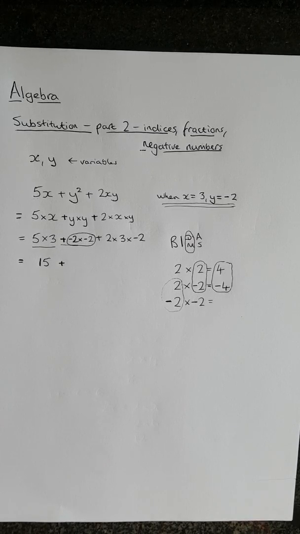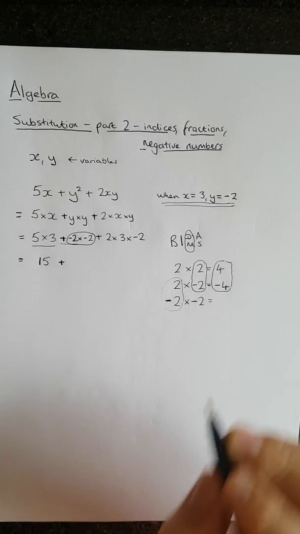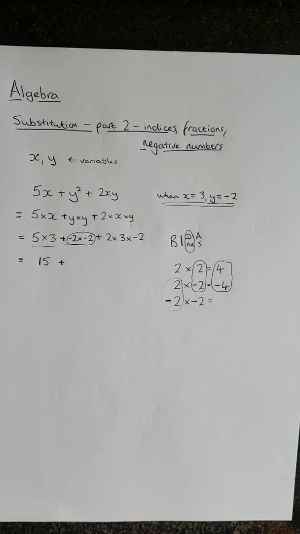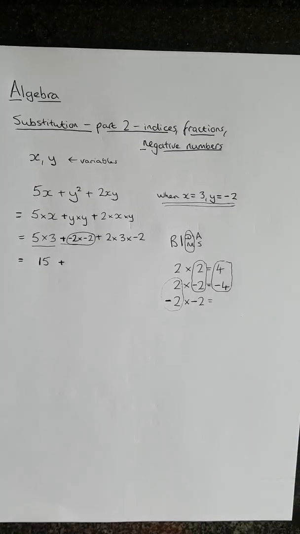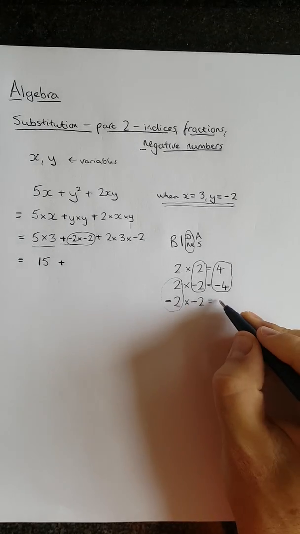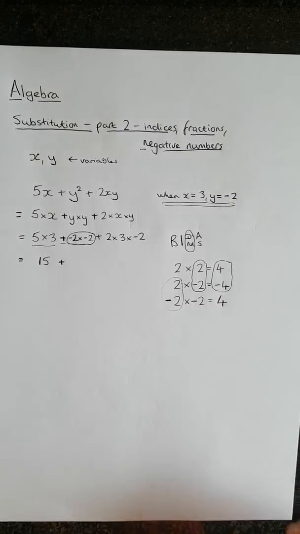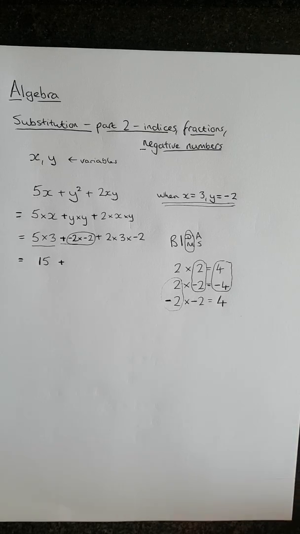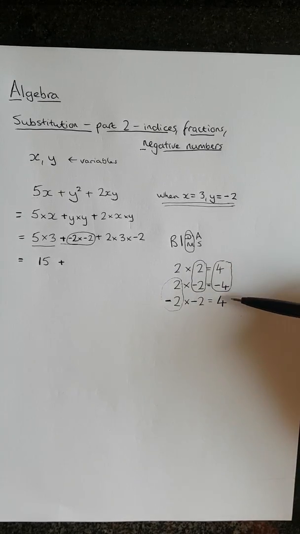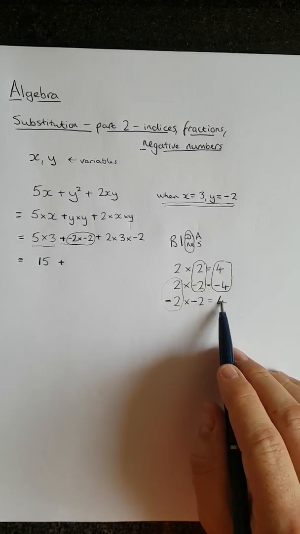The first one might be, well, it's got to change, so it should change back to 4. But how can I have negatives and then have a positive answer? Well, that is a bit confusing at first, but your first instinct to change the answer back was the correct one. So well done. We're now dealing with 4.